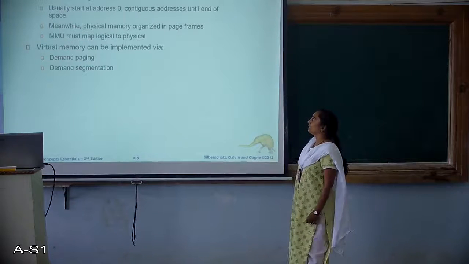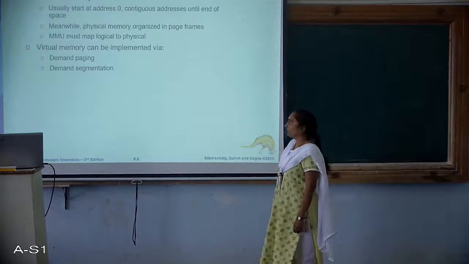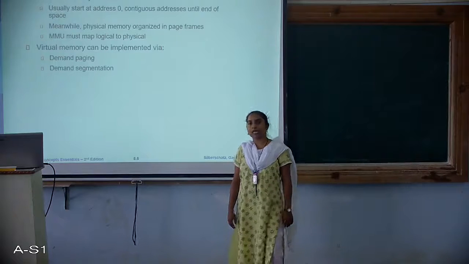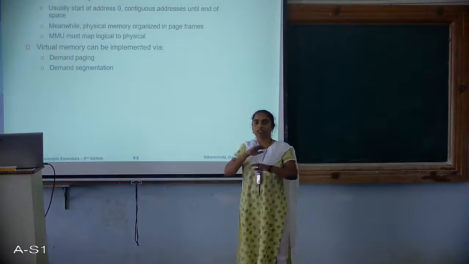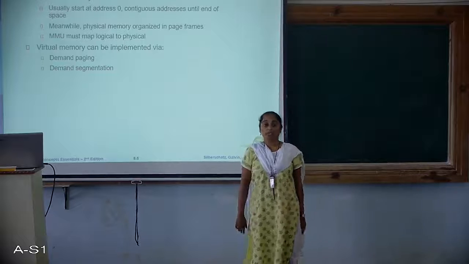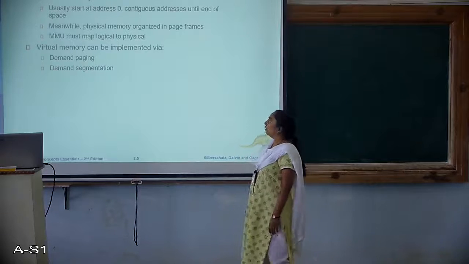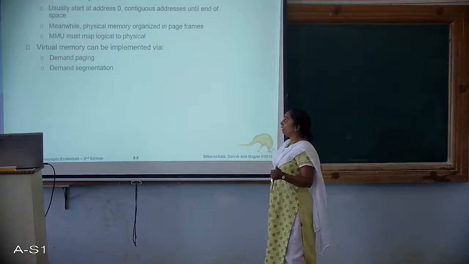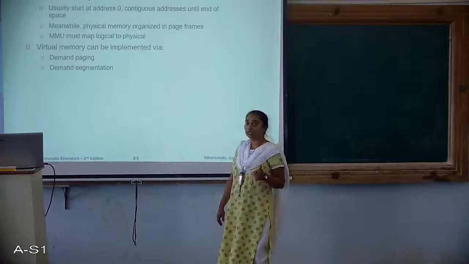Meanwhile, physical memory is organized in page frames. We understood in the last class that our physical memory, the main memory, is divided into frames of equal size. The memory management unit must map logical to physical.